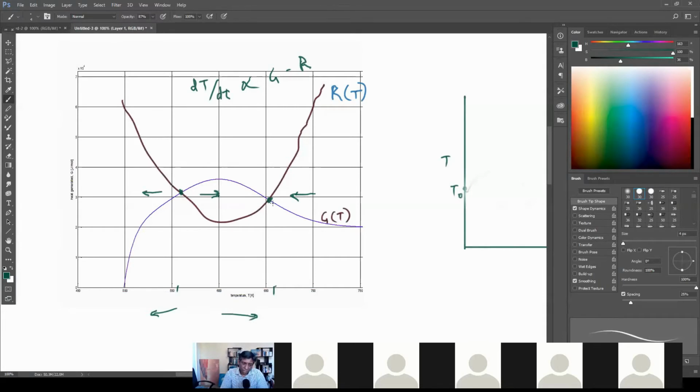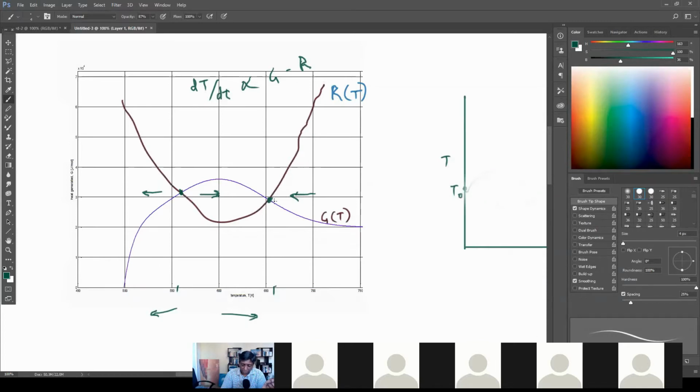And here you've got a nice stable steady state. You can see if your temperature rose for whatever reason, so let's say even environmental reasons had a role to play, that the day was just suddenly a higher temperature. So the temperature rose for whatever reason. Then the removal rate rose and the generation rate dropped. And that means that the system would be pushed back in towards that point.